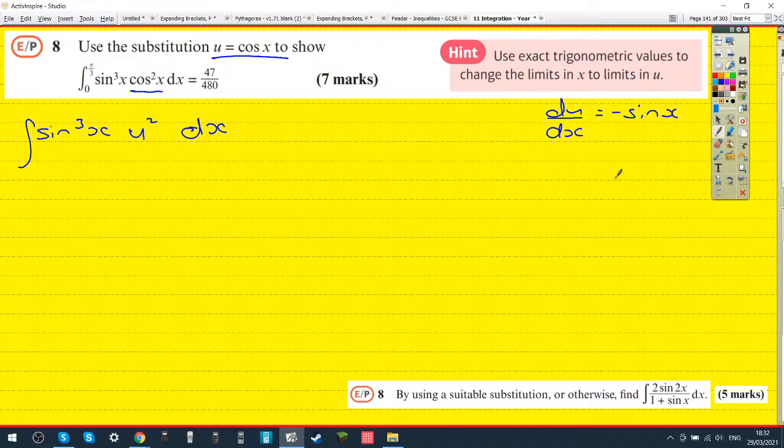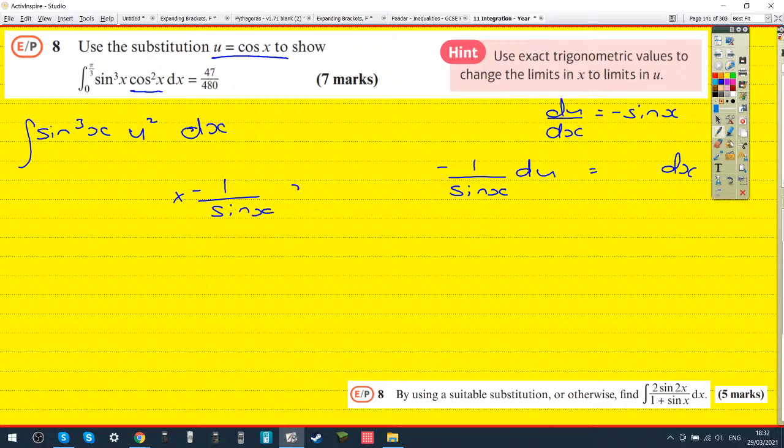And then dx is equal to minus 1 over sine x du. And so now we have sine cubed x times u squared times minus 1 over sine x.